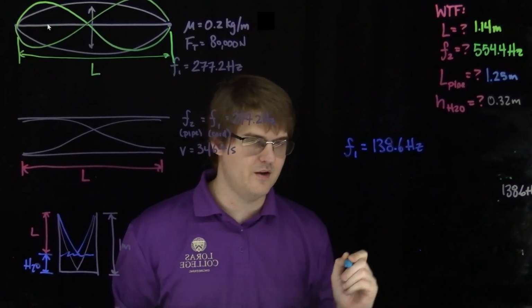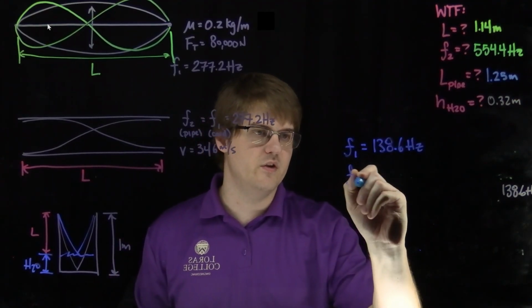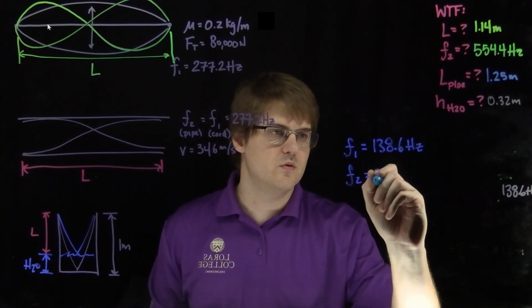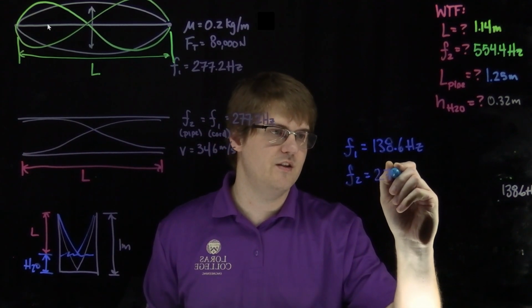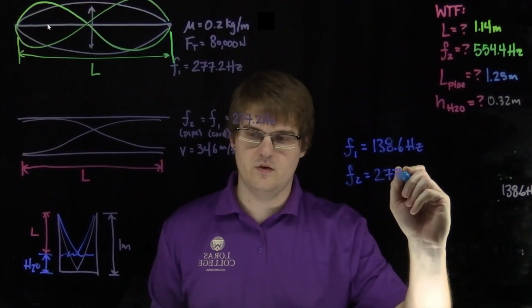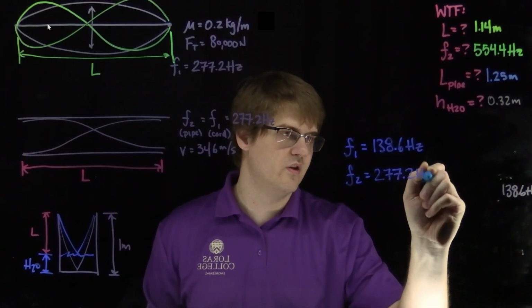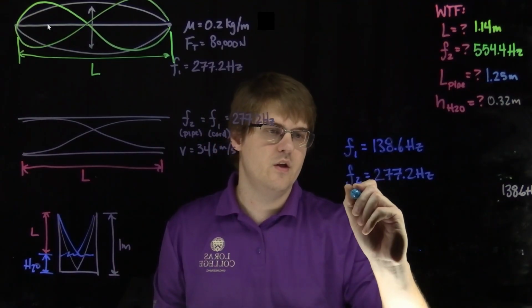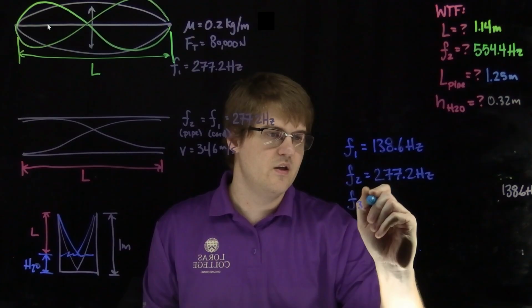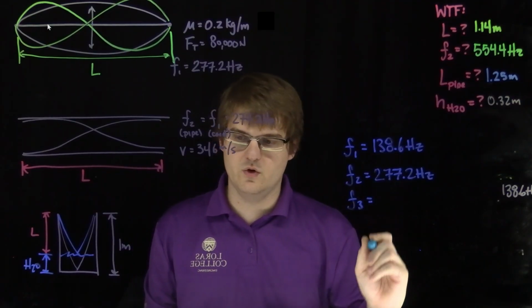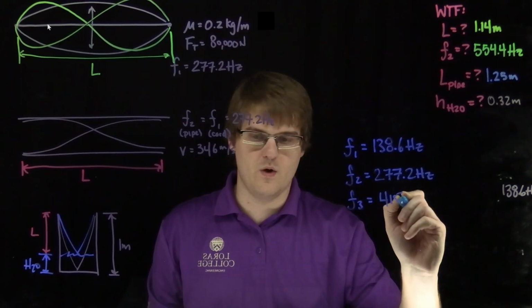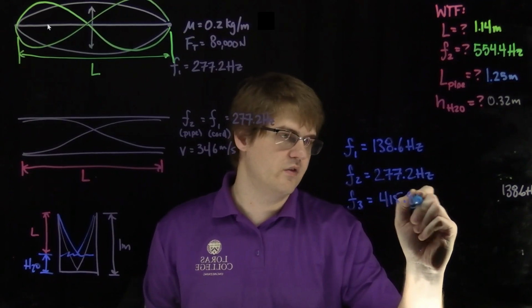That is my first harmonic of this sound. Frequency 2 is going to end up being 2 times that, which is that 277.2 hertz that we talked about. That's what we're comparing it to here. And then frequency 3 is going to be equal to 415.8 hertz.